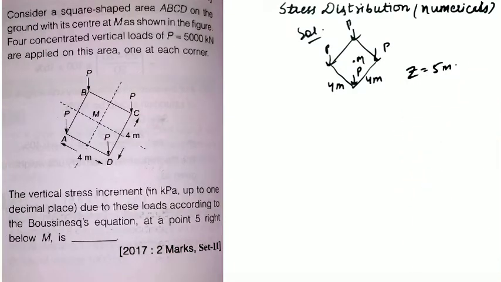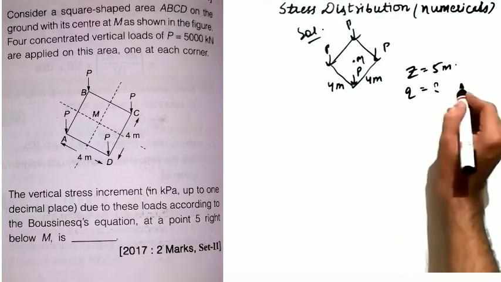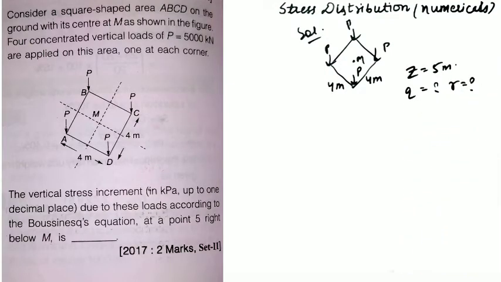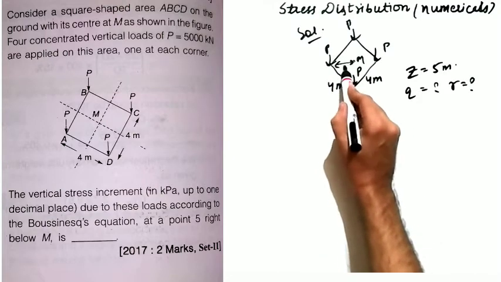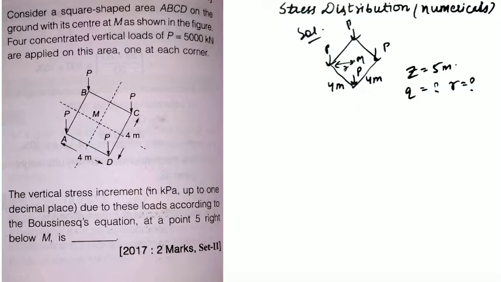Now see, in Boussinesq's equation, what do you require? You require a Q, you require R. What will be R? See, there are 4 point loads. The point loads are equal in magnitude, but they are applied in different corners. Now see, the distance R is equal for all these points.